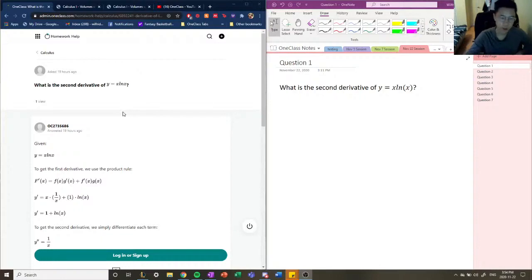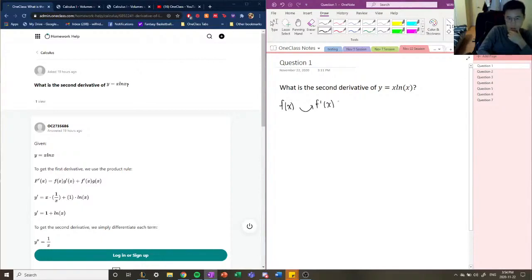Each derivative represents the rate of change of the previous derivative. The way that we write the second derivative, I'm going to use Newton notation for this. If we have f of x, our first derivative would be f prime of x, or we can write d over dx.